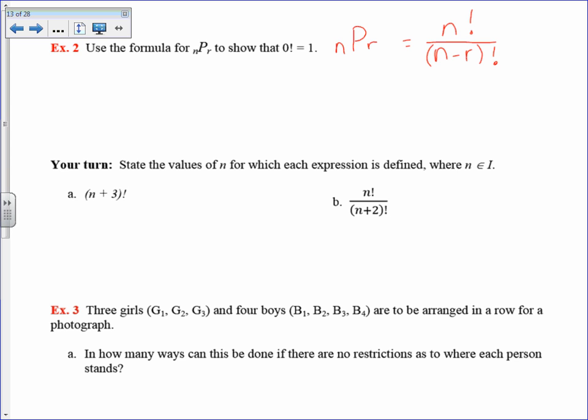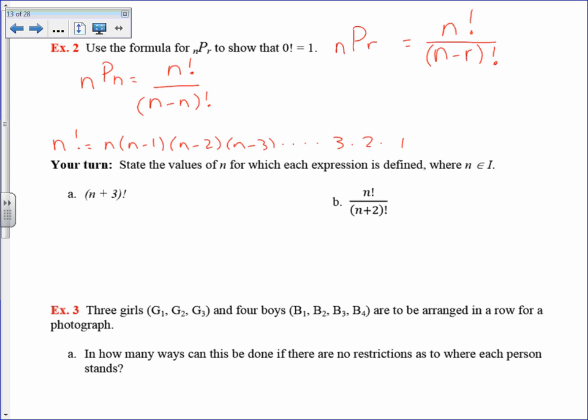On the previous page, n pick n is just equal to n factorial over n minus n factorial. Well, we know n factorial is n times n minus 1 times n minus 2 times n minus 3, and so on all the way down to 3 times 2 times 1.